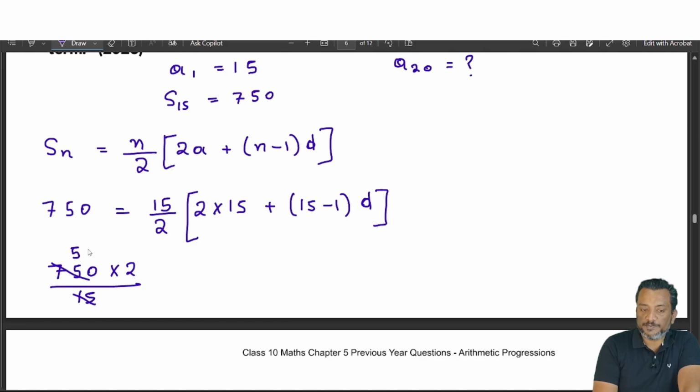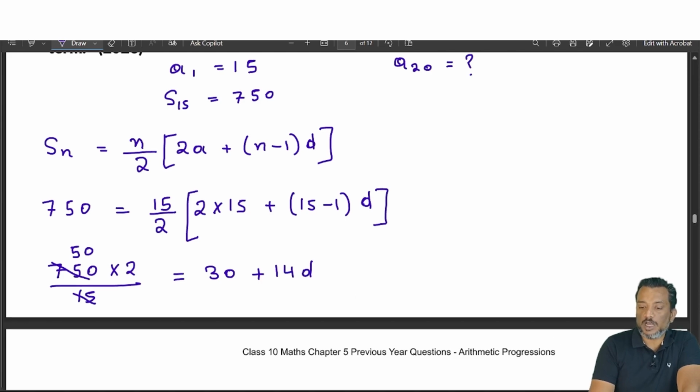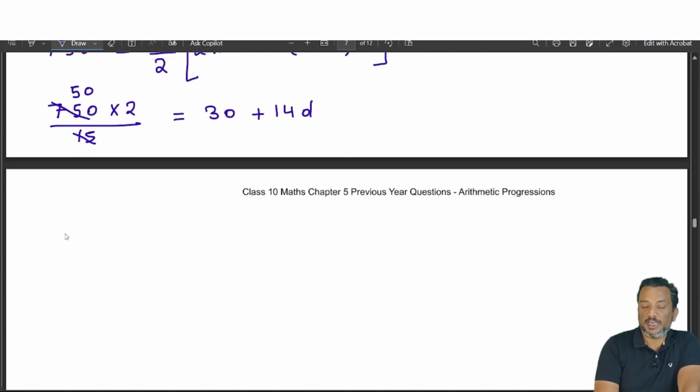Now 2 times 15, you will get 30, and here 15 minus 1, so 14d. Hope you are getting it. So on the left side, 750 times 2 over 15 is 100, which is equal to 30 plus 14d. Now this 30 will come to this side.